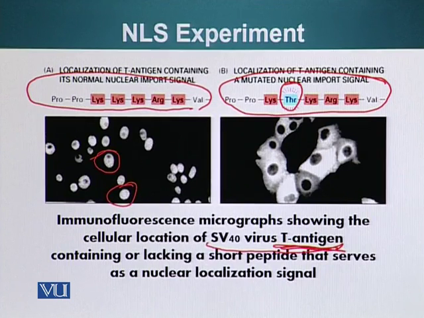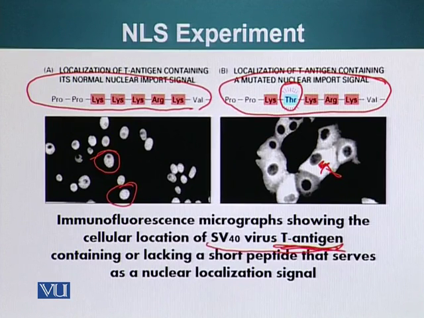However, in the mutated form, you can see that only the cytoplasms of the cells have this T antigen. By the way, this T antigen was also labeled with a fluorochrome, which means we made this T antigen a glowing molecule which could be detected under certain light conditions. So this is how we are detecting it.